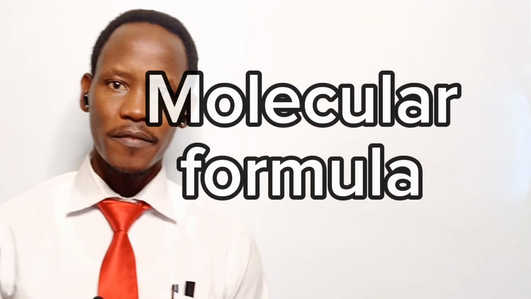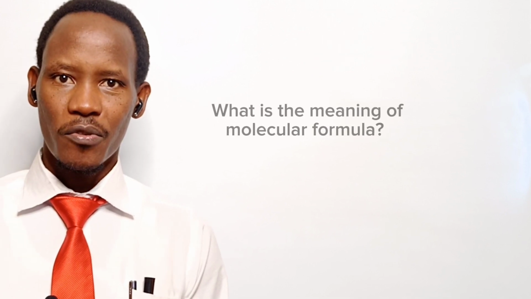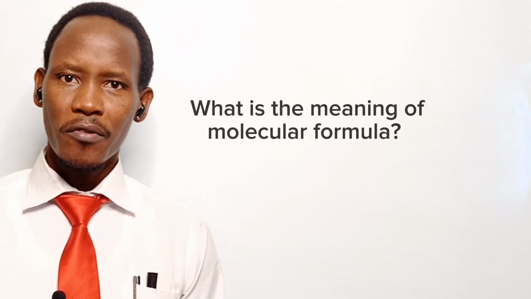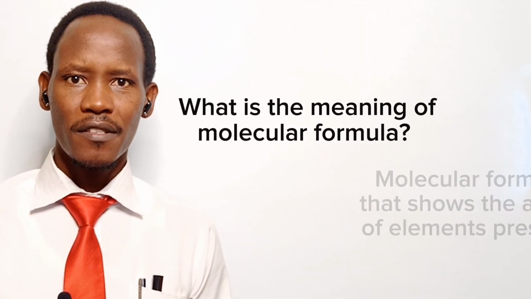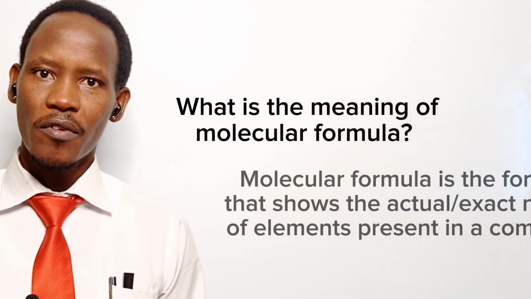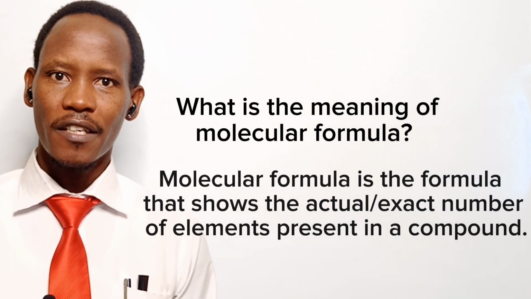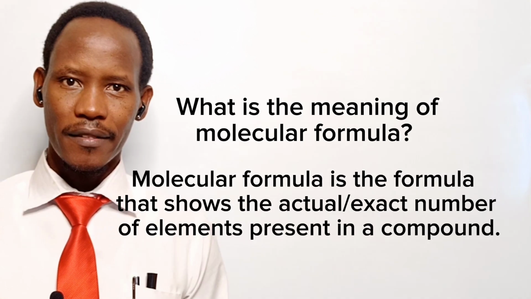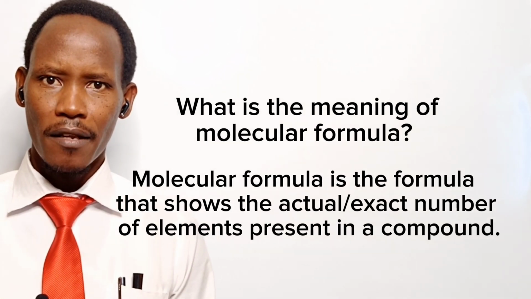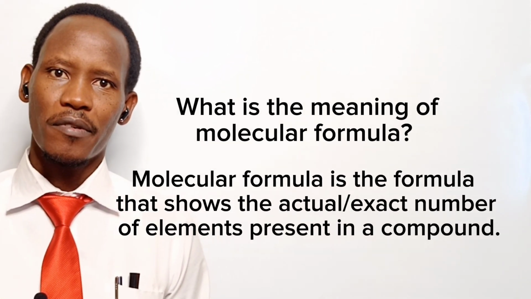Now, first things first, what do we understand by molecular formula? The molecular formula is simply defined as the formula of a compound that shows the exact number of every element present in the compound.